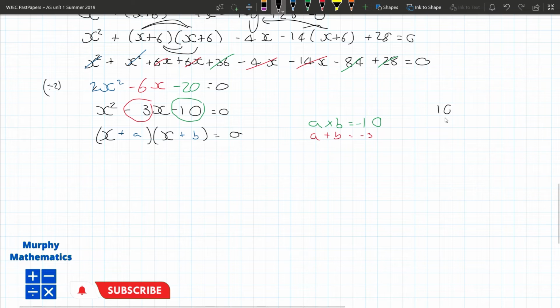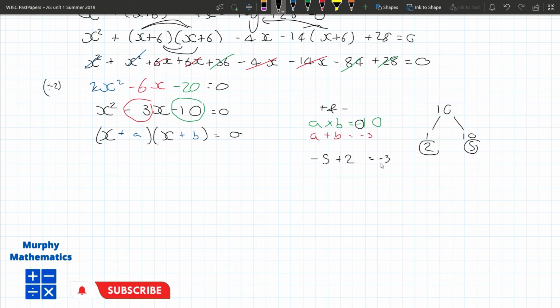So the factors of 10, I'm going to have 1, 10, 2, 5, and so I know I'm going to use 2 and 5. Because I've got a minus here, I know it's going to be a positive and negative, so I'm going to have minus 5 plus 2, and that will equal minus 3, and then minus 5 times 2 will equal negative 10.